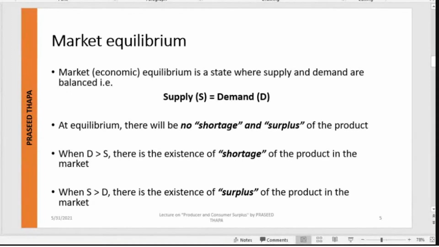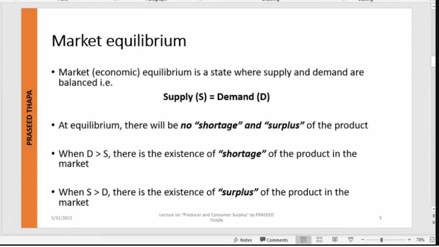Now what happens when there is more supply? The supplier is supplying more and more in the market, but demand is less. Obviously, that is the condition of surplus. It means that more is available in that market. Let's say a strawberry farmer is able to supply 1,000 kilo of strawberries in the market, but the demand from the consumer is only 100 kilo. 100 kilo is the amount the consumer actually wants to consume, but the supplier is supplying 1,000 kilo.